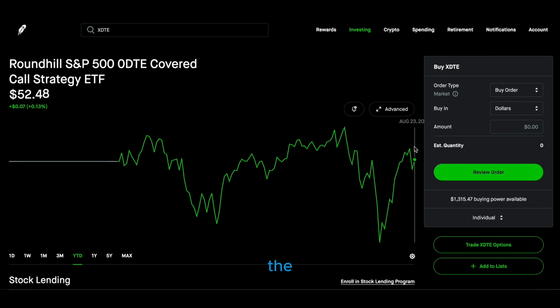So that's the difference between these two, and for my liking, I would be investing more in XDTE, and my strategy would be investing the premium that I collect from selling covered calls and cash secured puts in my account, and putting that money into buying XDTE.